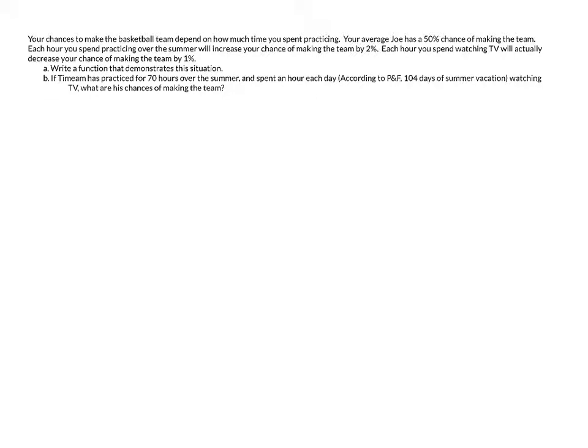It all connects to that first statement, your chances to make the basketball team, all right? So that's going to be one of my variables, my chances of making the basketball team, okay? Just like this. So B is my chance of making the team, okay, the basketball team.